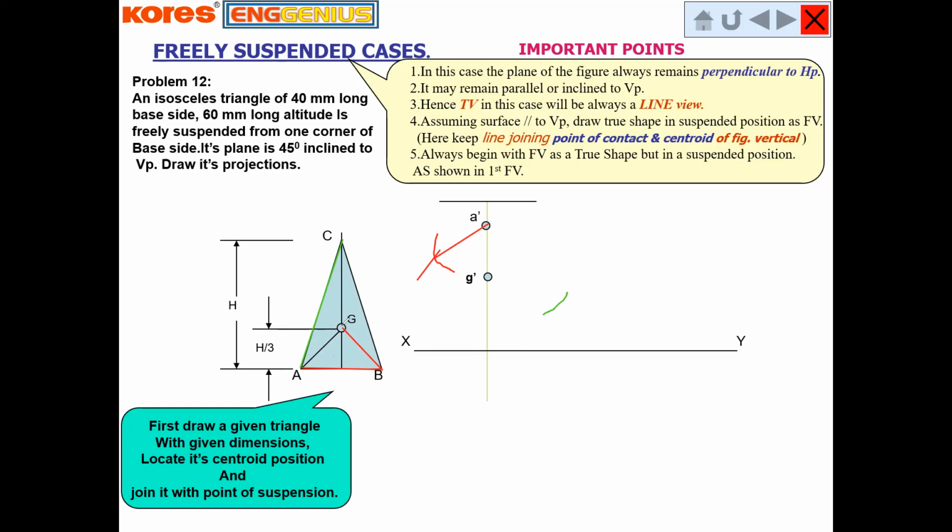Clear? Then measure the distance G to C on your compass, and by keeping G dash as a center, mark the arc over here. Wherever the two intersect, it is our point C. Now join it with point A, and join it with point B. Clear? So this is how we can regenerate the true shape, but at a certain given inclination.